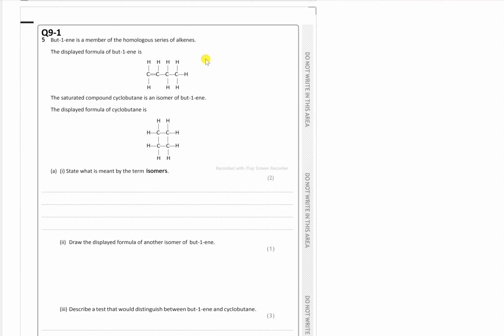Butene is a member of the homologous series of alkenes. Remember what I said, isomer, not isotope.